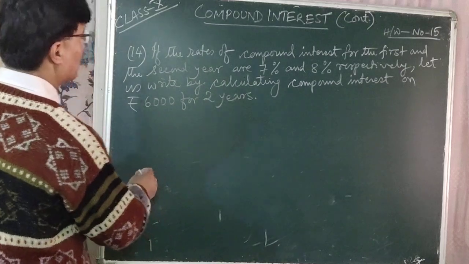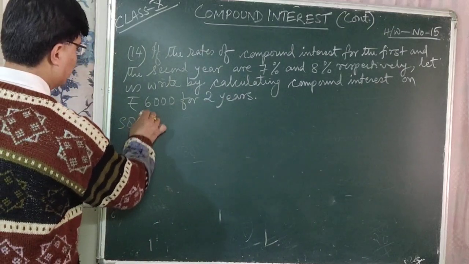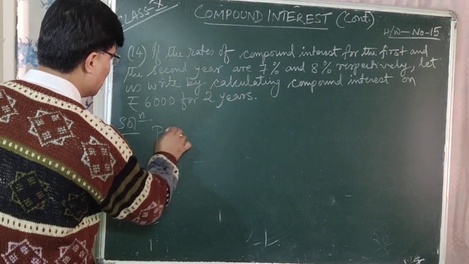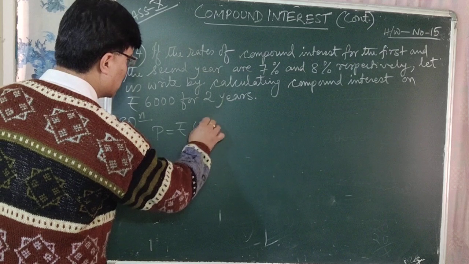So now, solution. For the first year, what is the principal? Rupees 6000.